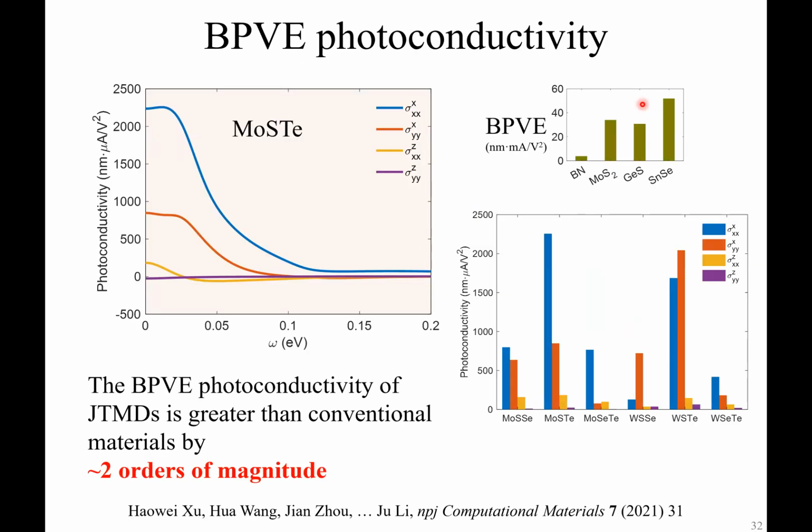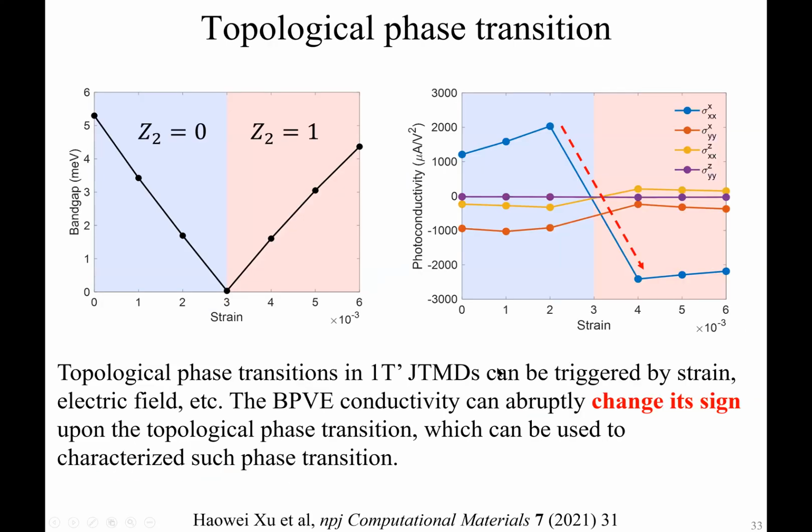Compared to traditional 2D materials, which have on the order of tens of this BPVE photoconductivity, this Janus 1T prime monolayer has two orders of magnitude bigger second order photoconductivity. So this can be used for terahertz photodetection.